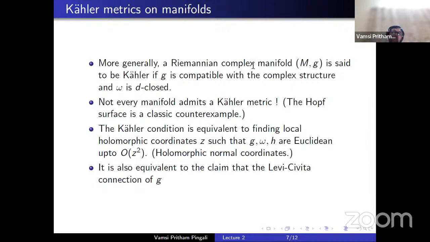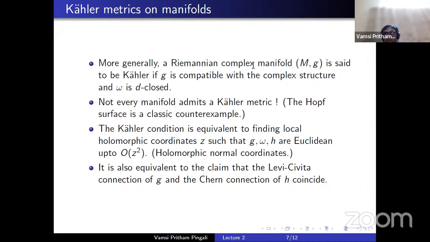This is a Riemannian manifold, so you have a Levi-Civita connection on the smooth tangent bundle. Now, this is also a complex manifold, so you have the holomorphic tangent bundle T^{1,0}. If you're dealing with, say, C^n, then at each point the tangent space is simply C^n, or it is also isomorphic to R^{2n}.